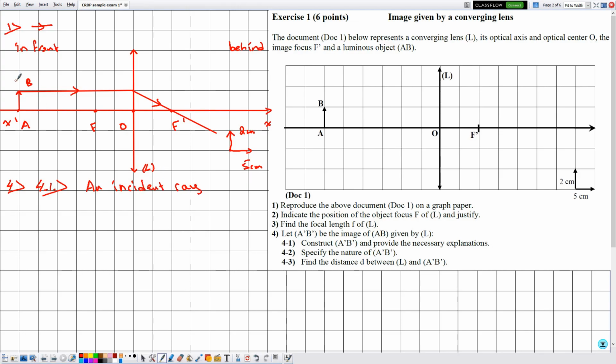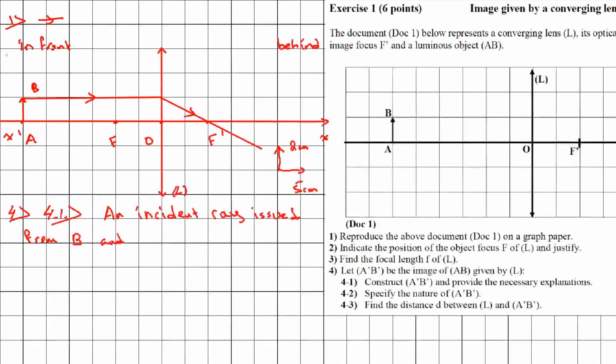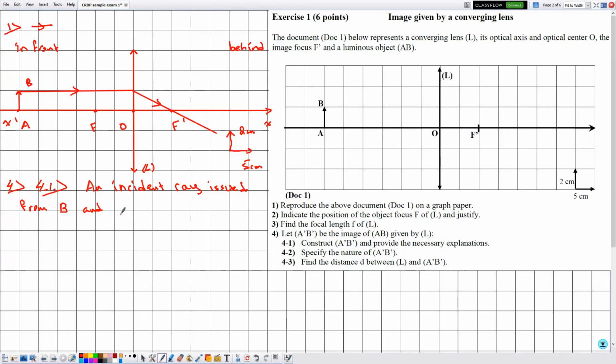Then an incident ray, notice that this incident ray is issued from the point B, issued from B, and it's parallel to the optical axis.